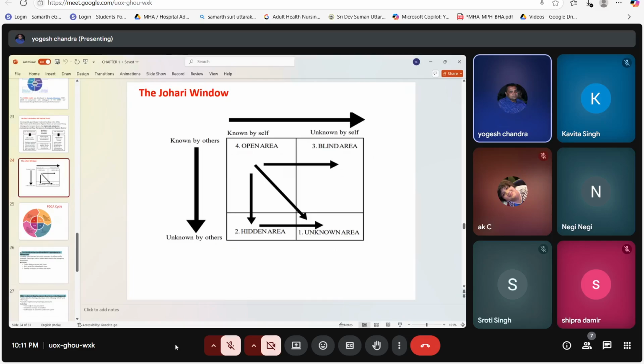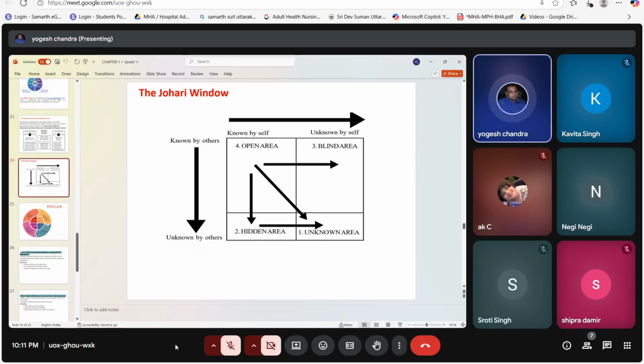Sir, can I ask something? Sir, in the Johari window, the things are amply clear. But sir, this unknown area, unknown by self and unknown by others, it's difficult to fathom an example of that. What are these particular areas? How do you define these?